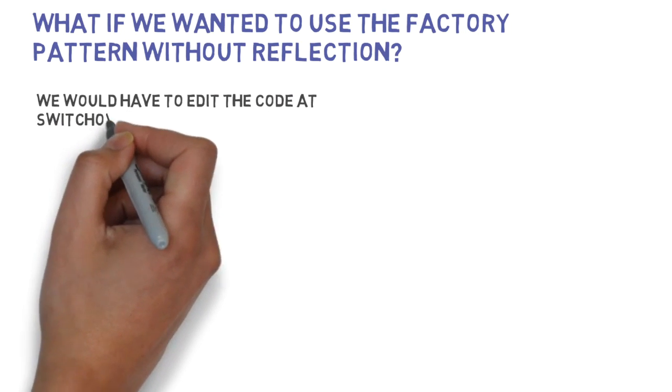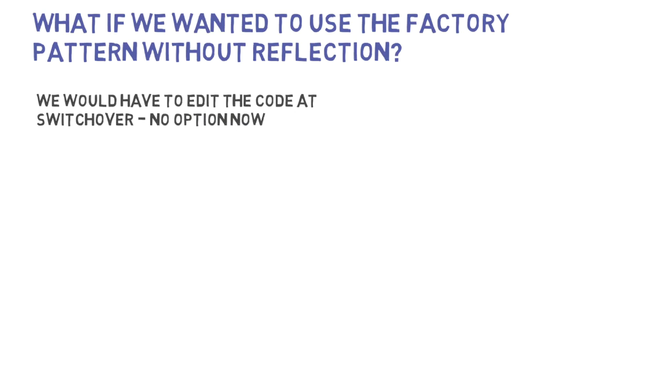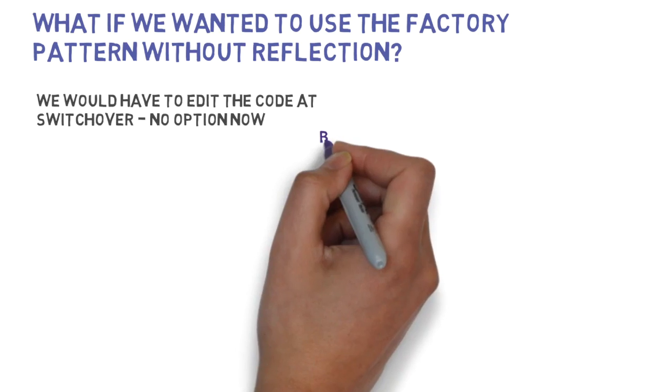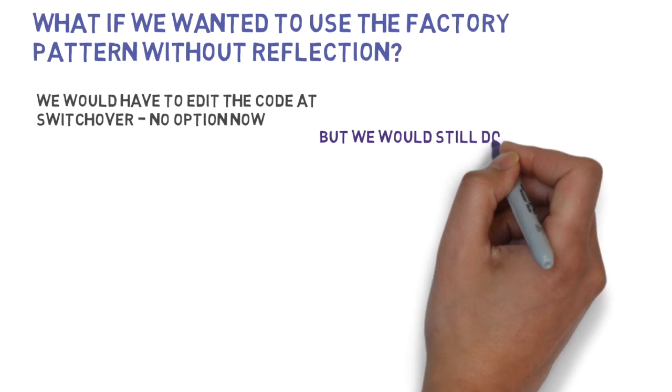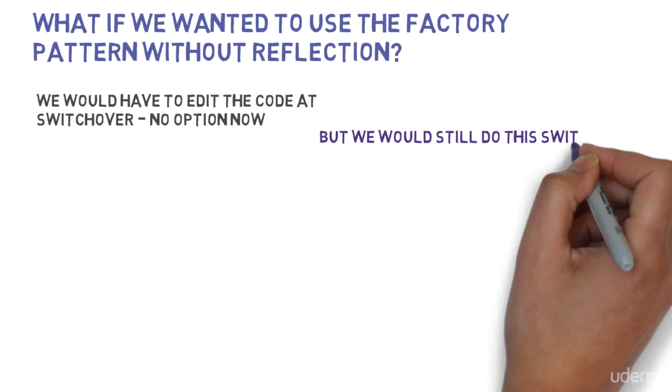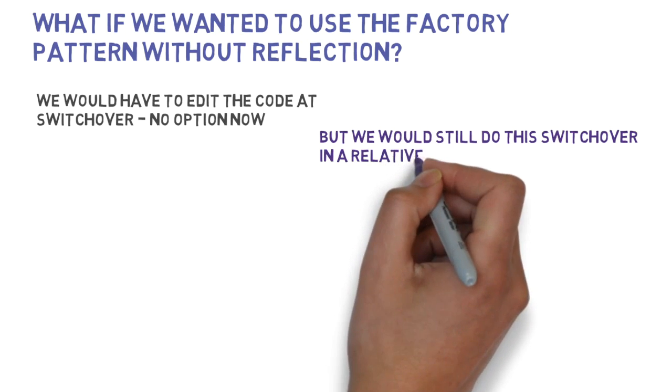There is no other option because we have to move from MS SQL database to the Oracle database, and this cannot be done without editing code. But we'd still like to do the switchover in a relatively smart way and not go down the path of instantiating separate objects once before switchover and once after switchover. So what is this smart way?